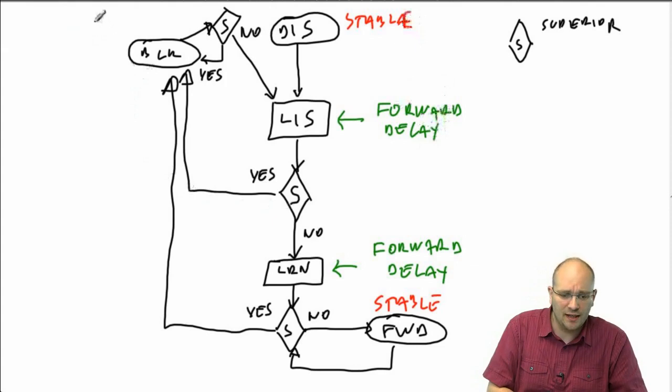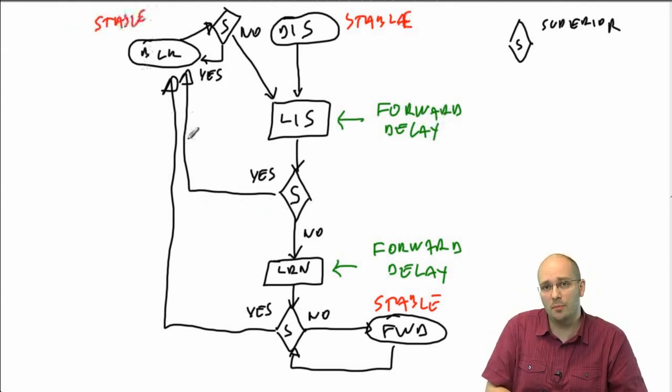Also, blocking is a stable state. As long as we are receiving superior BPDUs, we are going to remain in this state. But if we stop receiving BPDUs, how much time needs to elapse before we transition to a listening phase? Well, this is where our max age timer comes into play.